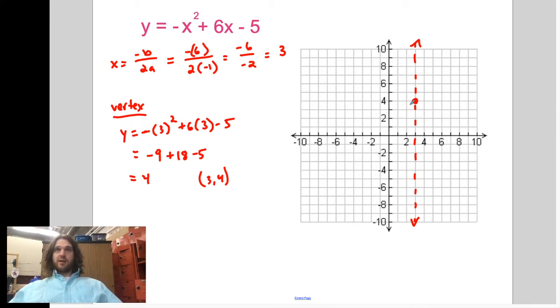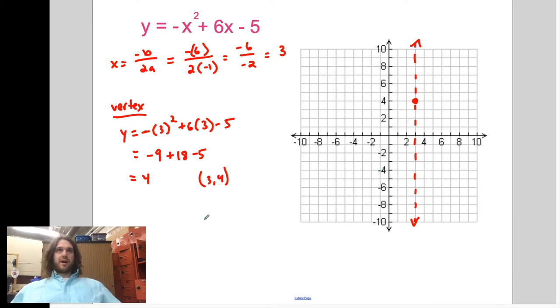So that would mean you could go over 1, down 1, reflect, over 2, down 4, reflect, over 3, down 9. That's not right. Reflect. Okay, and you could be done. So that's the shortcut. If you recognize the a value and you understand that method, you're good to go.